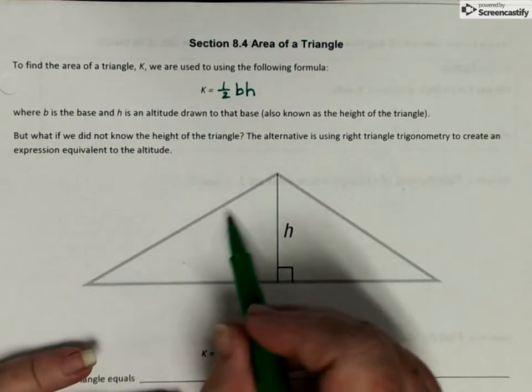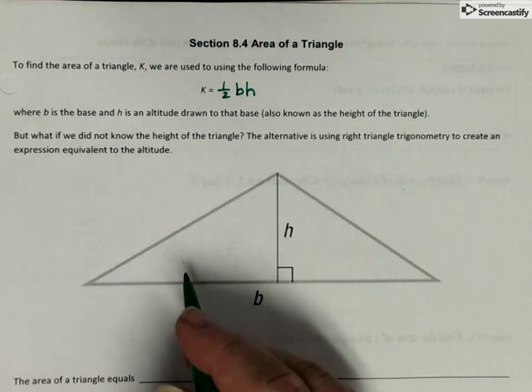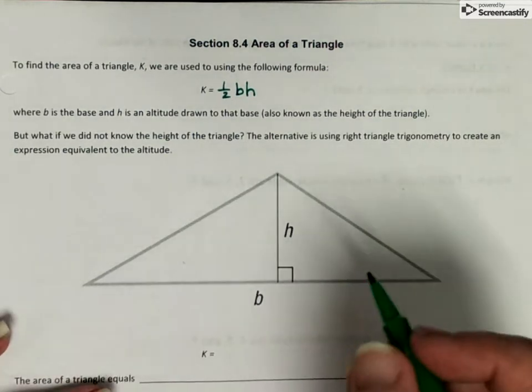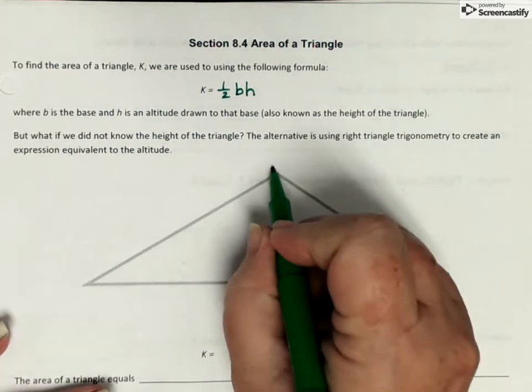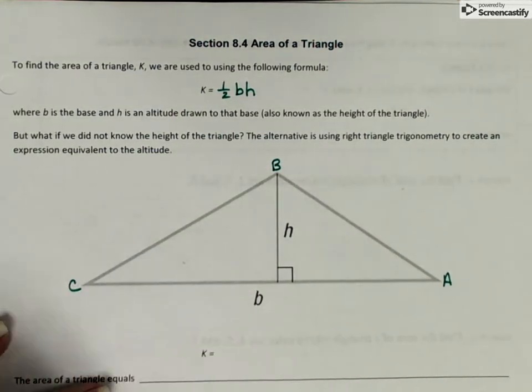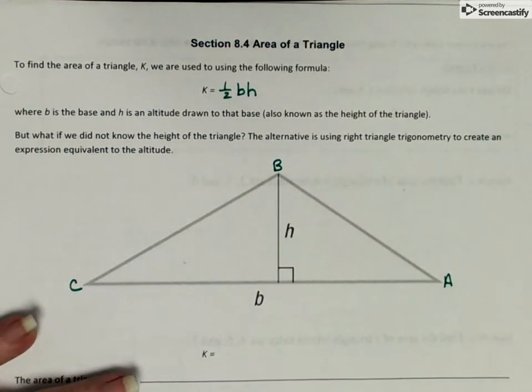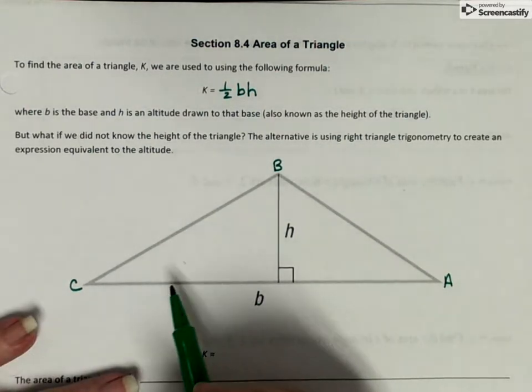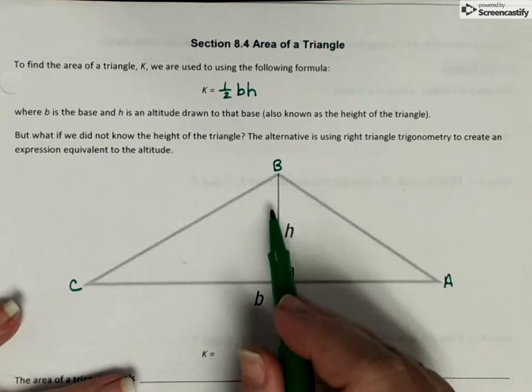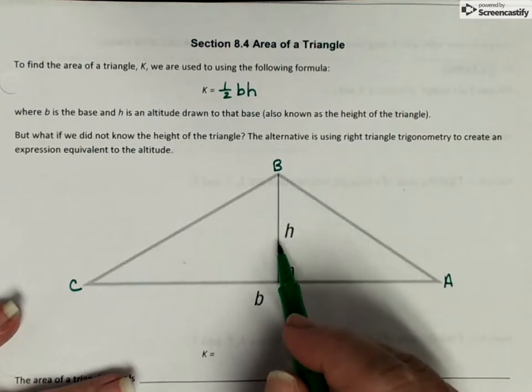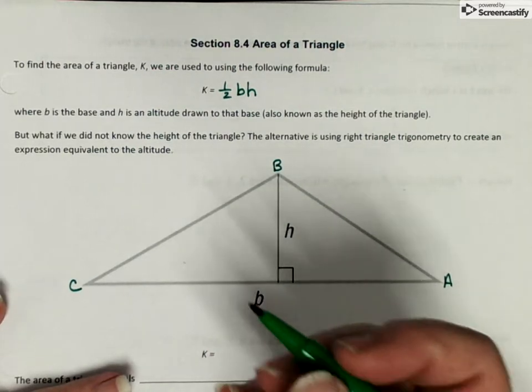For example, if you look at my triangle here, if I were to tell you that this is triangle A, B, C, and I wanted to find the area of this triangle, it's not a right triangle. Triangle ABC is not a right triangle, and so in order to do base times height, we'd have to know what the height was. Well, in my particular case here, I was given the following information.